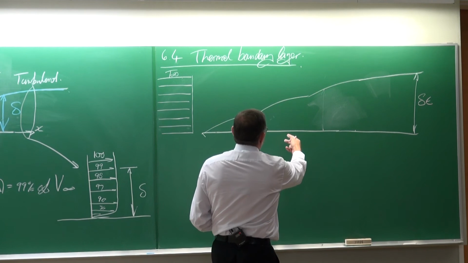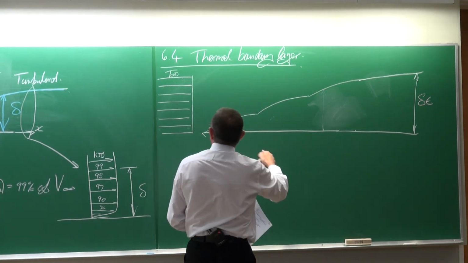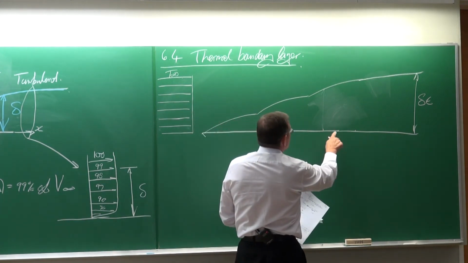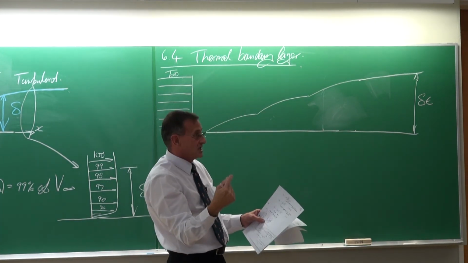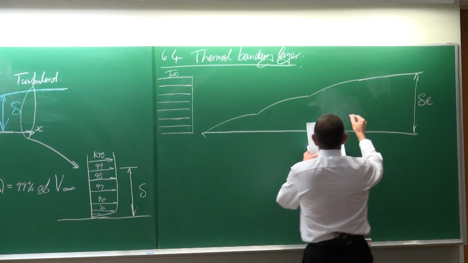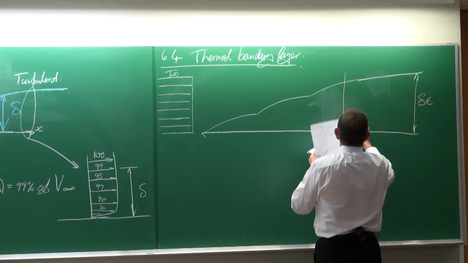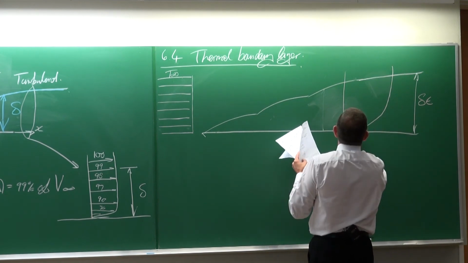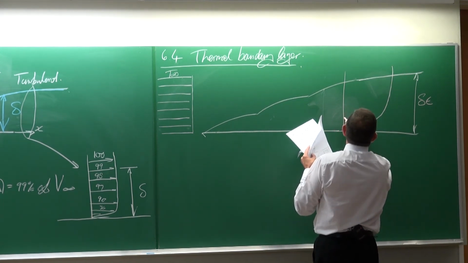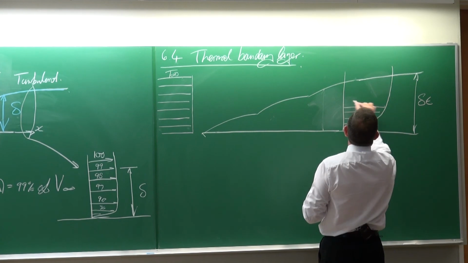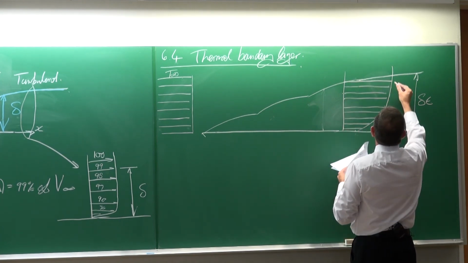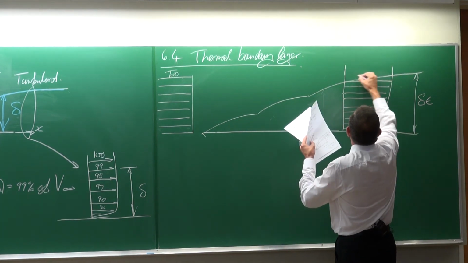But if this flat plate is at 20 degrees Celsius and the free stream at 0, then the temperature here is going to be 20, not 0. So therefore it looks a little bit different. I'm going to explain it to you just now, but it is going to do something like that. So that distance is the temperature.